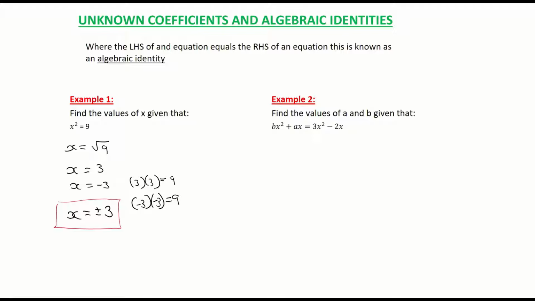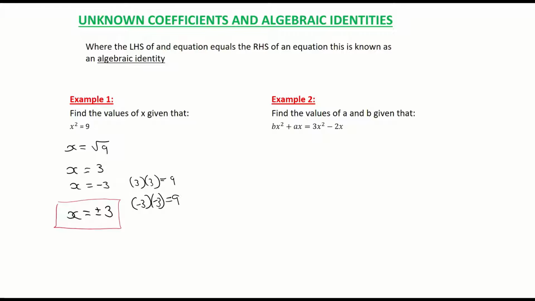Coming over here to example 2, they want us to find the values of both a and b. So they're telling us that bx squared plus ax is equal to 3x squared minus 2x. So again, you can see here that there's very little work to do.